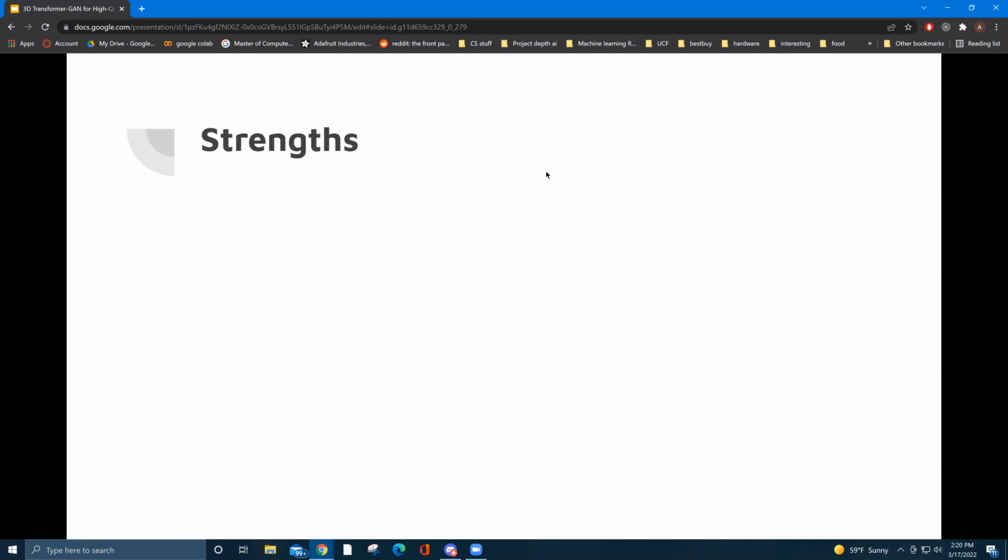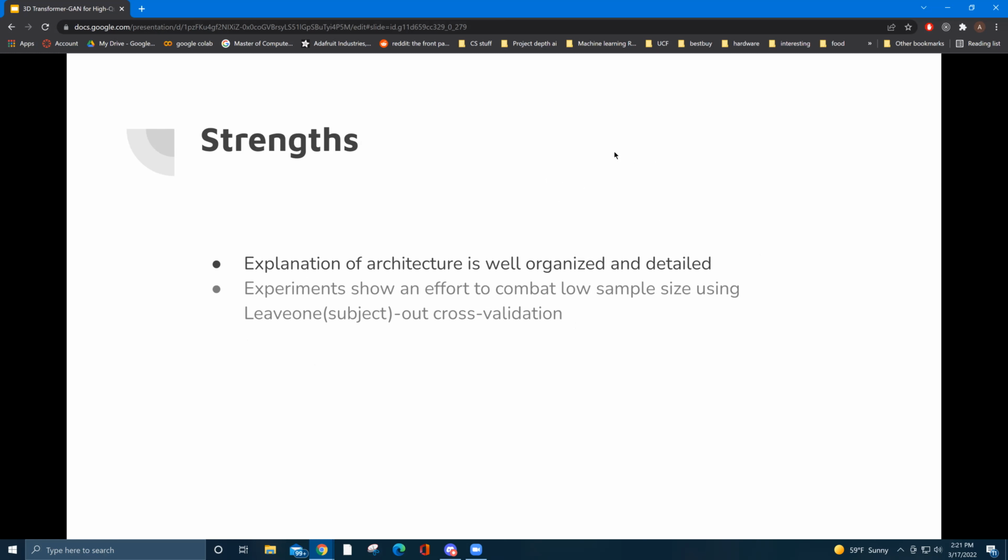As for what I thought, they had a really good explanation of the architecture. They probably went through every single section of the architecture and detailed it, so it was an easy read in that aspect. The experiments showed a good effort to combat their low sample size.